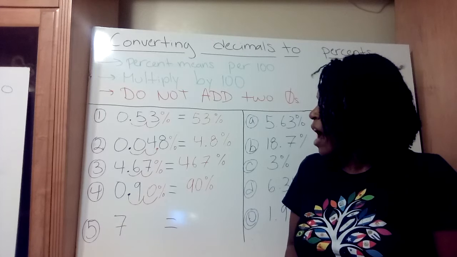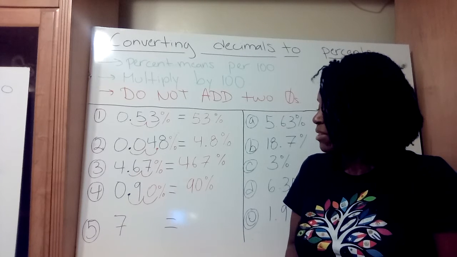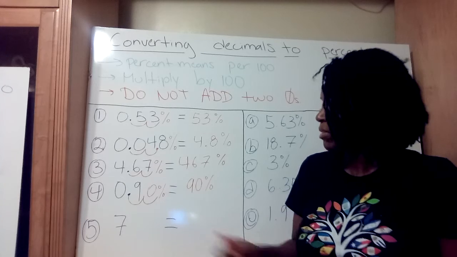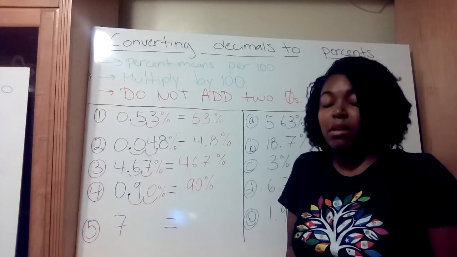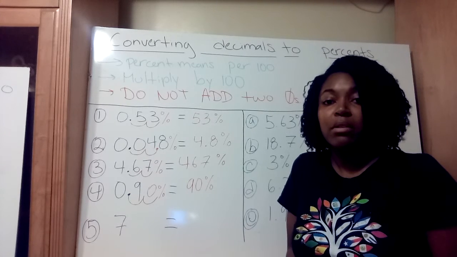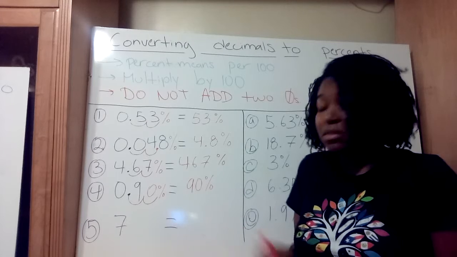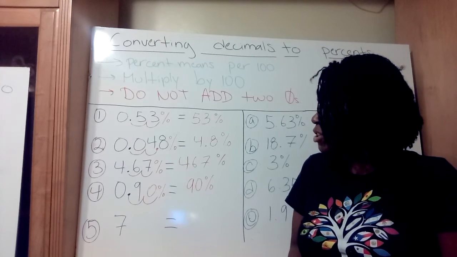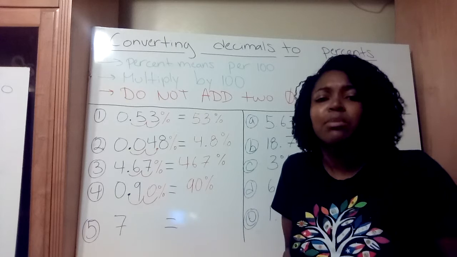Okay? And 7, all right, we're going to write 7 as a percent. Now, when I go to do this, let's think about this. 7 is 7 wholes. It's greater than 1. Therefore, my percent is going to be greater than 100. I also need to recognize that I don't see a decimal point right here.